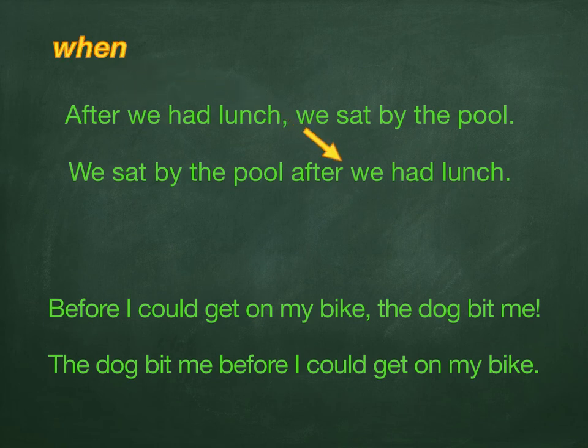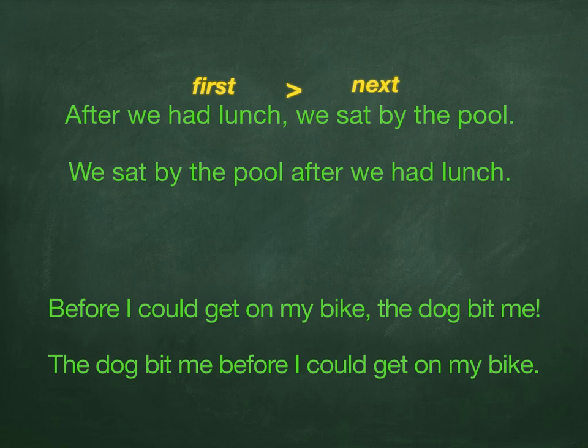You can see that the part of the sentence with "after" is about when we sat at the pool. And the second case is the same. "Before I could get on my bike" is about when the dog bit me. What's important to understand is the sequence. We had lunch first, then we sat by the pool.